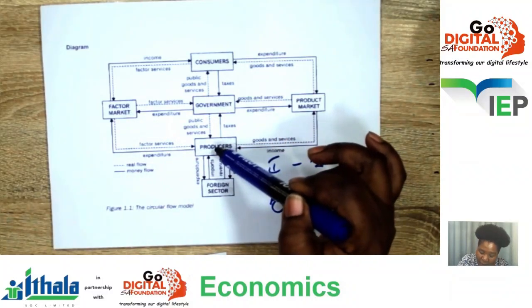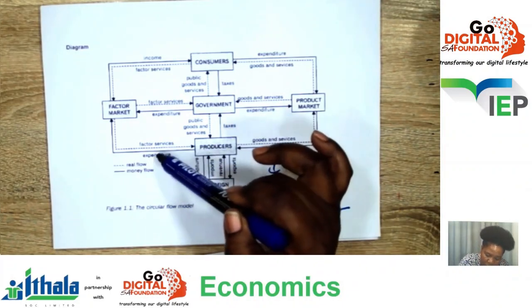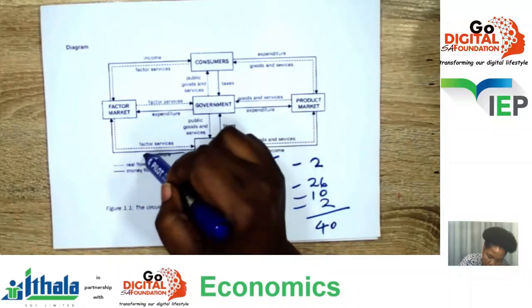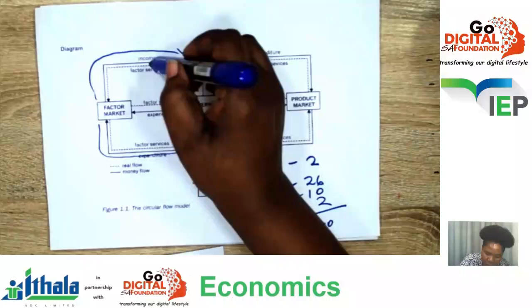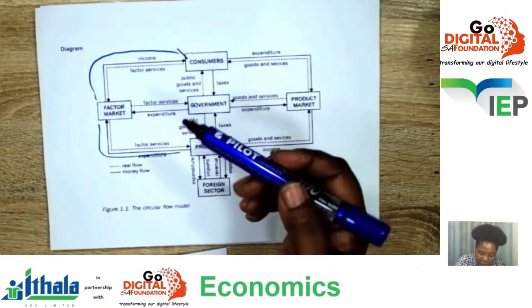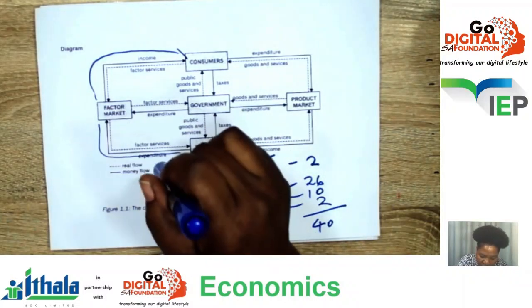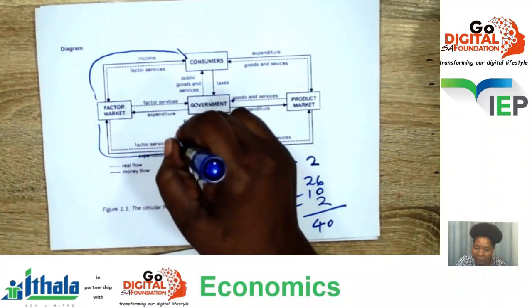Who pays that income? It's these producers, the business sector. Look at the arrow that goes up. It gives us income. It's written there, income. Then what do we do with this income? You can see underneath here, between factor market and producers, it says factor services.